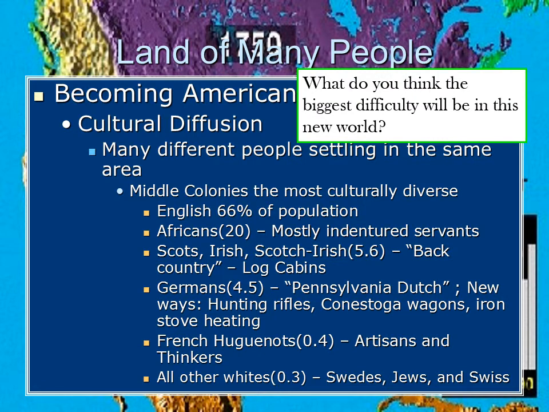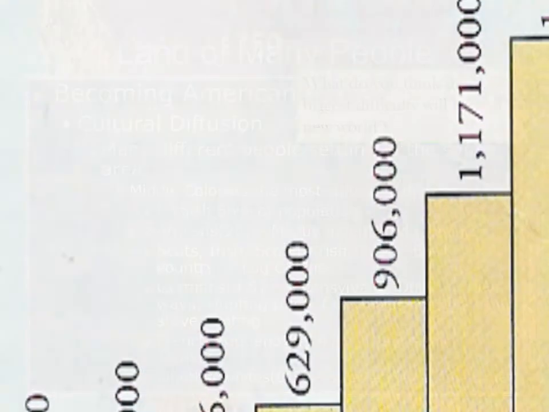Something to think about, though: what would be the biggest difficulty in the New World with all of these groups living in the same area? Something we'll talk about later, but it's something you have to take into consideration, because some of these groups did not get along in the Old World. It's going to have an impact on them in the New World.